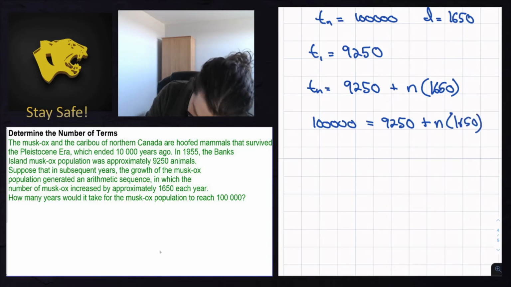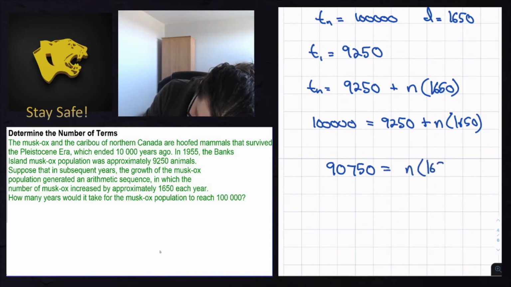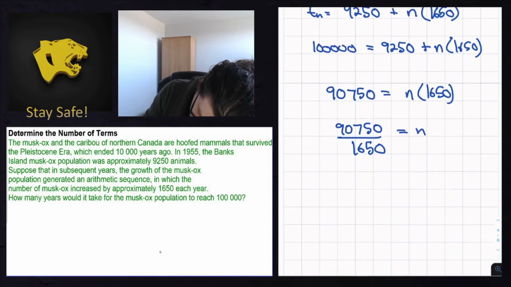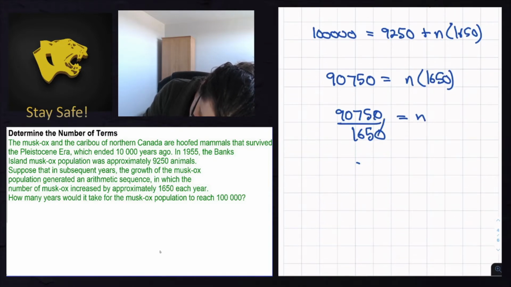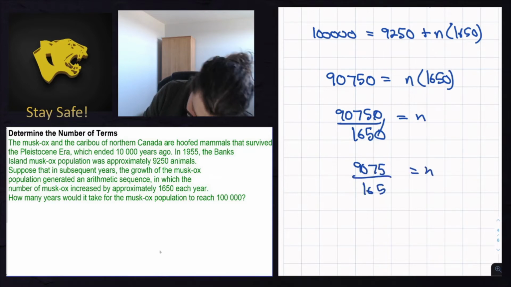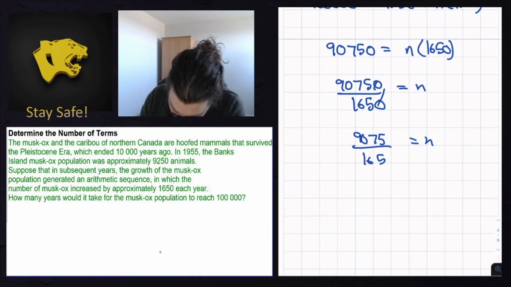I'm going to have to reach probably for a calculator here. All right, so that is almost 10,000. So it's going to be 90,750, I think, is equal to n times 1650. Oh, how much do I feel like struggling? Those are some relatively large numbers. So it should be okay for the first part.